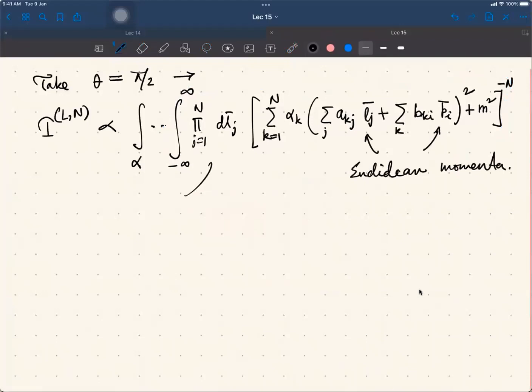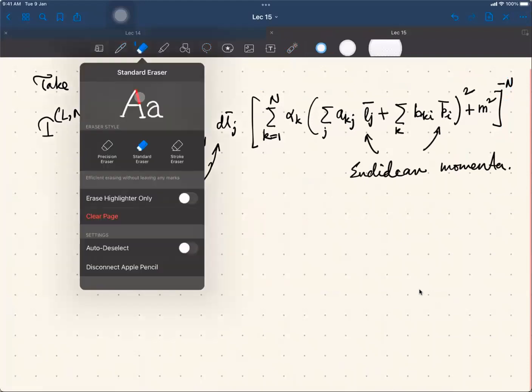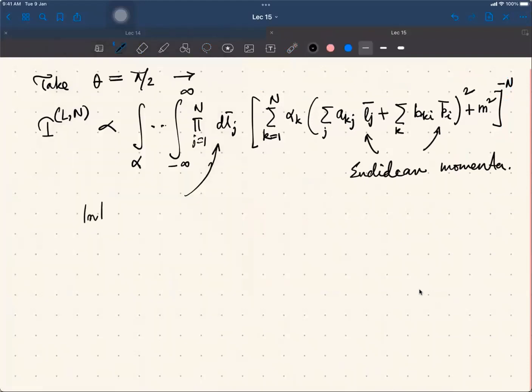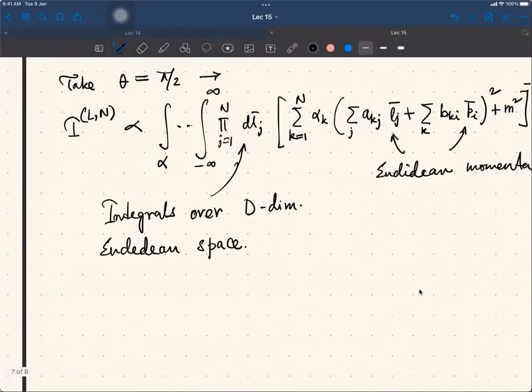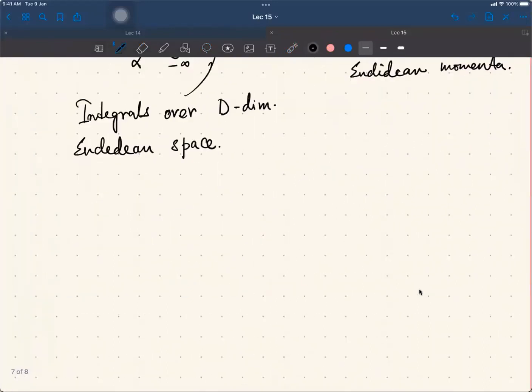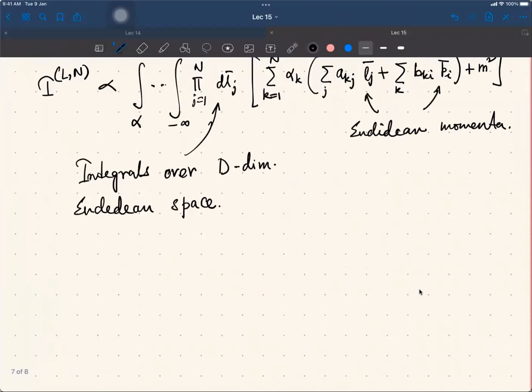And these integrals, each one of them, are integrals over d-dimensional Euclidean space. So let us look at this Euclidean integration.